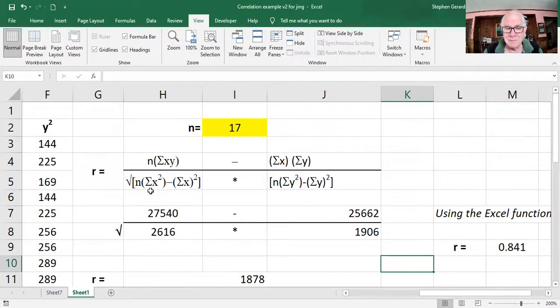Now this is different here. This is where you square the X first and then you sum them. This one here is you sum them and then you square it, times N times the sum of the Y squared minus the sum of the Y's quantity squared. That's what the formula is.